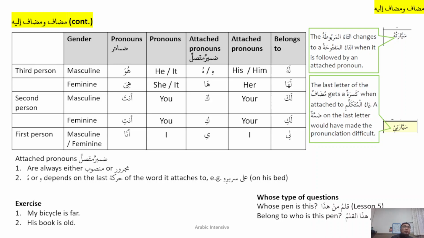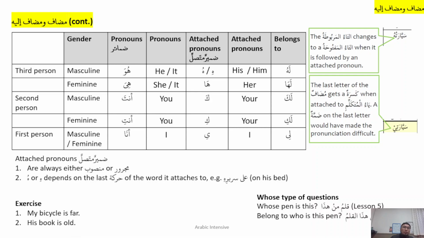Okay, so you choose ki, which would be feminine. Remember that it's feminine. That one, right? So you just attach it to haqibatu: haqibatuki.